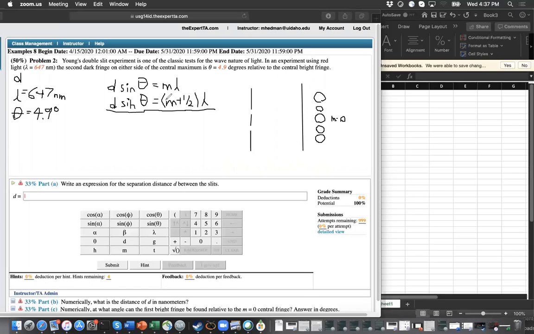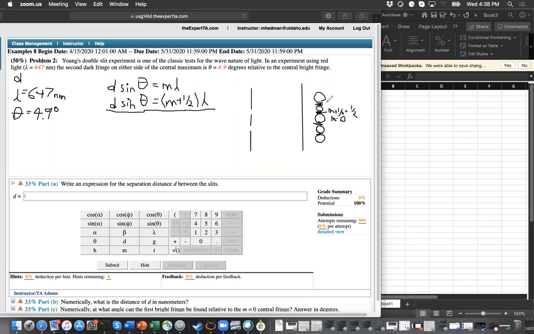The dark fringes happen when m plus a half equals 1/2. So here is where m plus a half is 1/2, and that's the first dark fringe. Let's fill that in as dark. This is the second dark fringe, and these are the dark fringes on either side. This is where m plus 1/2 is 1/2, so m is 0.